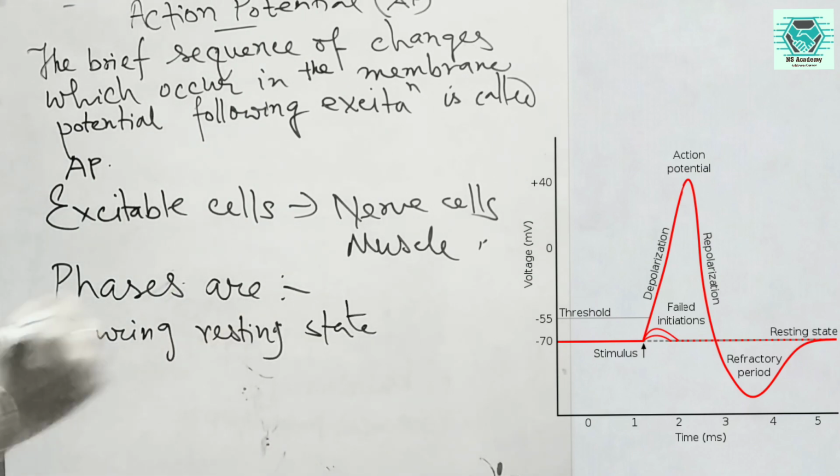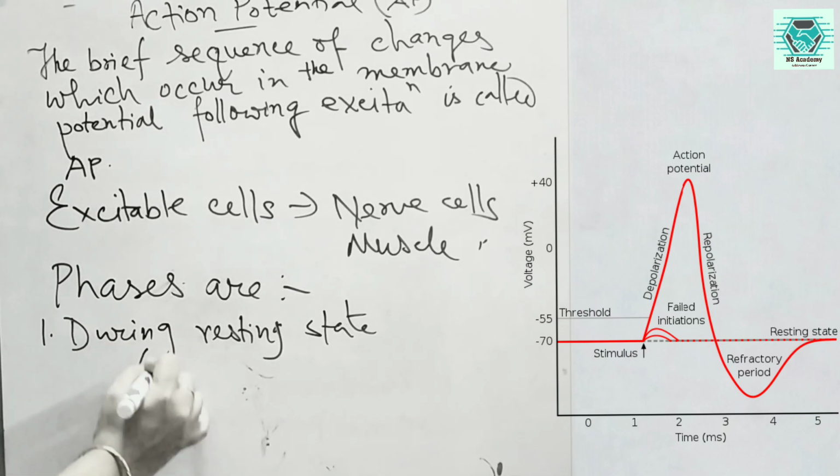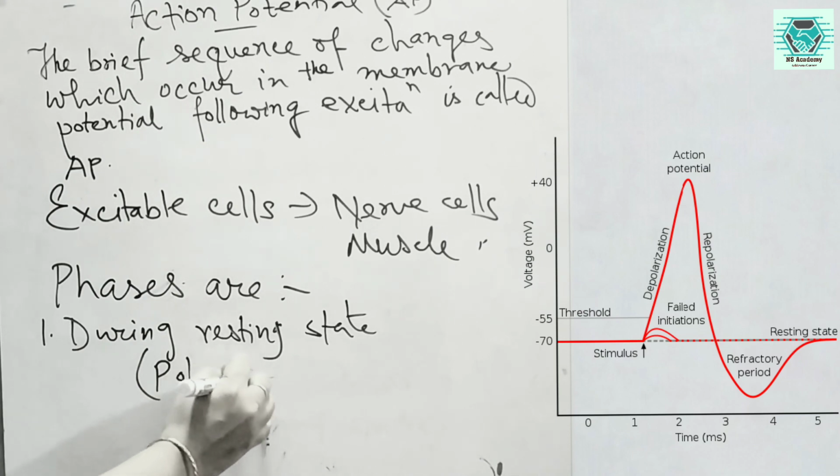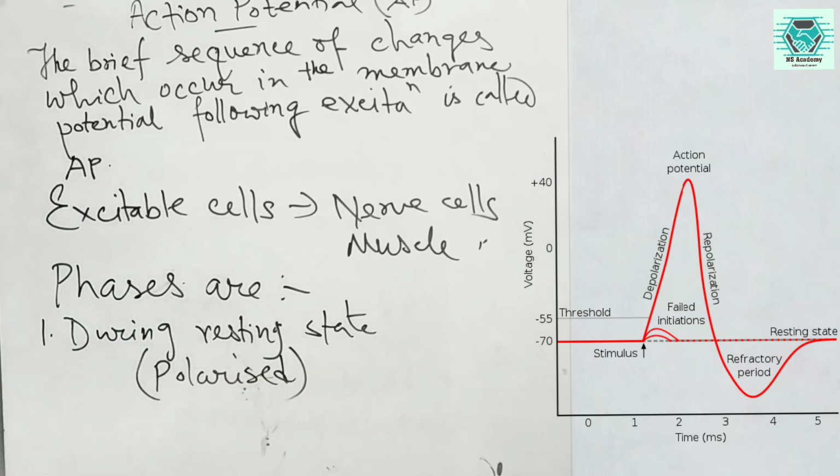Okay, so resting state, this state is also known as the polarized state. Okay, the inside of a nerve is negative and the outside of the nerve is positive, or the inside of the cell is negative and the outside of the cell is positive basically.